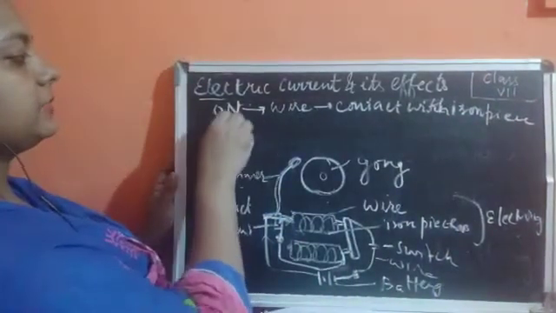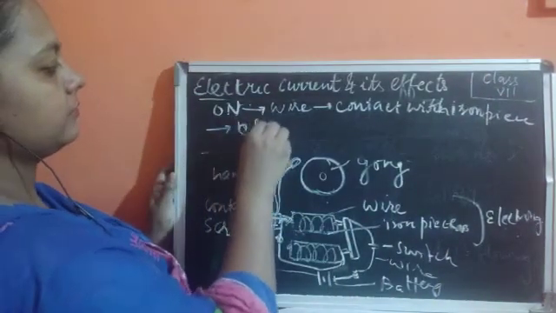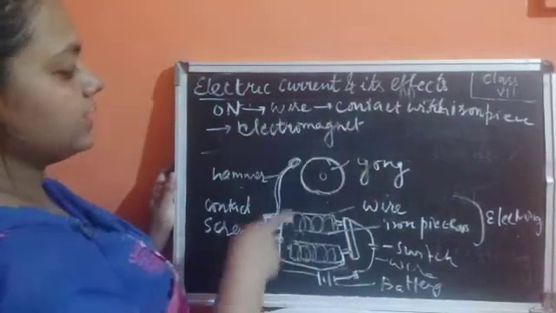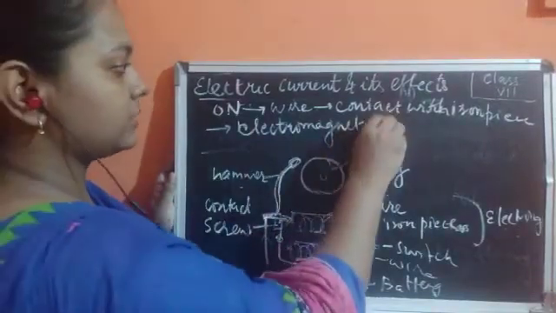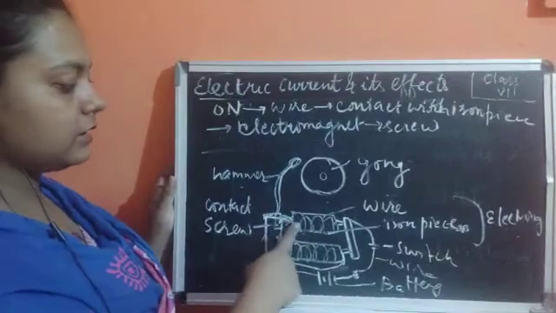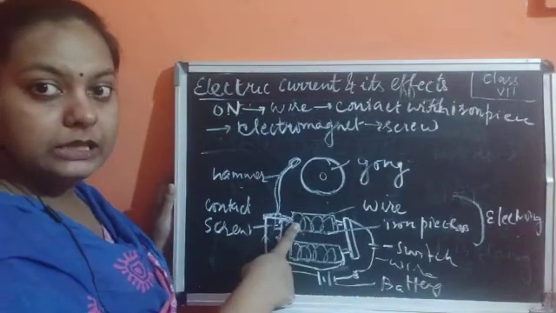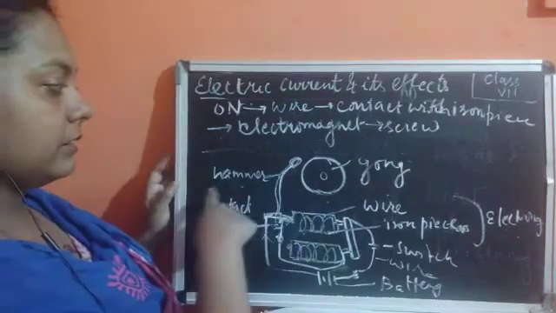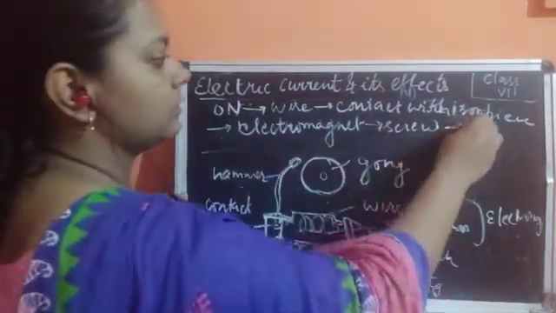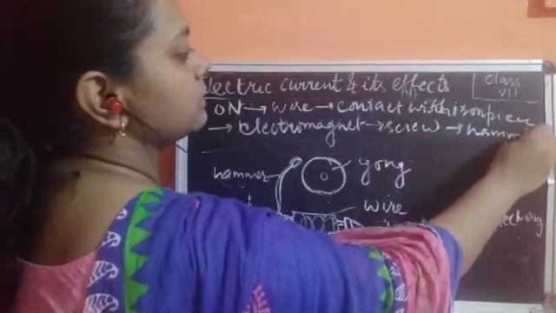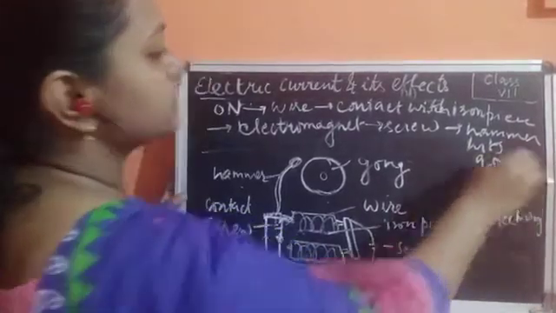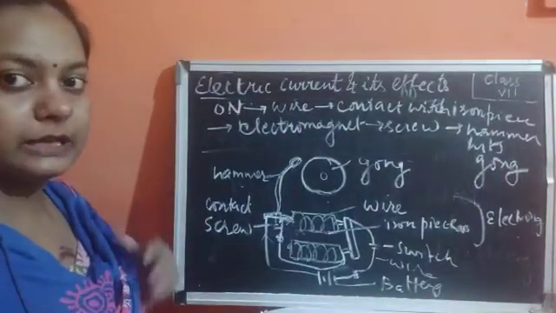Now this iron piece behaves like an electromagnet. Once it behaves like an electromagnet, it attracts the contact screw. Once the screw is attracted towards the electromagnet, it pulls this hammer, because of which the hammer hits the gong and the ringing sound is produced.